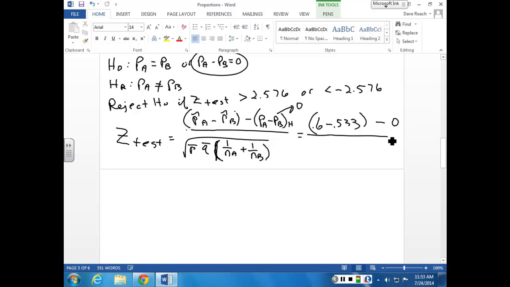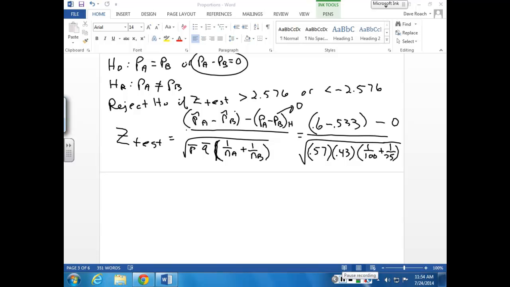Divided by the square root of 0.57, or 571 if you want to carry it out that far. 1 minus that is 0.43 times 1 over 100 plus 1 over 75. I'm getting 0.886. I want to check that now with my calculator.